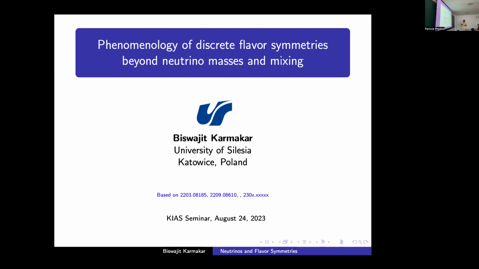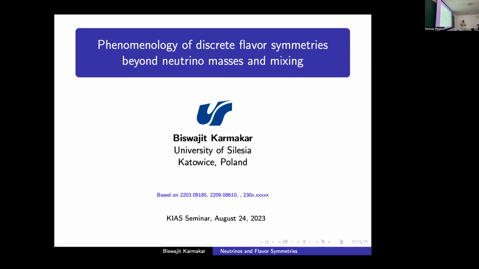So in summary, what we know is that we have non-trivial mixing in the lepton sector, and we do not know why the mixing is such and why there are 3 generations of leptons.